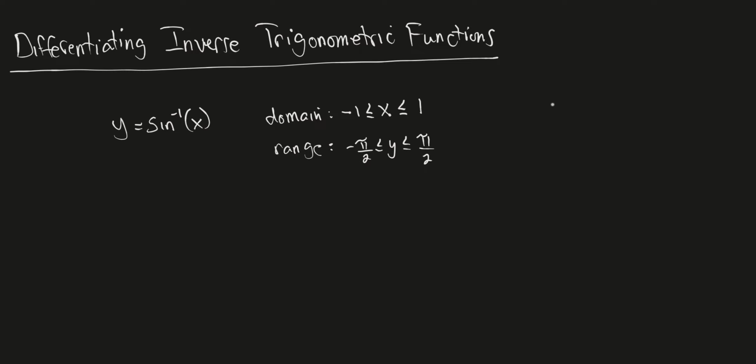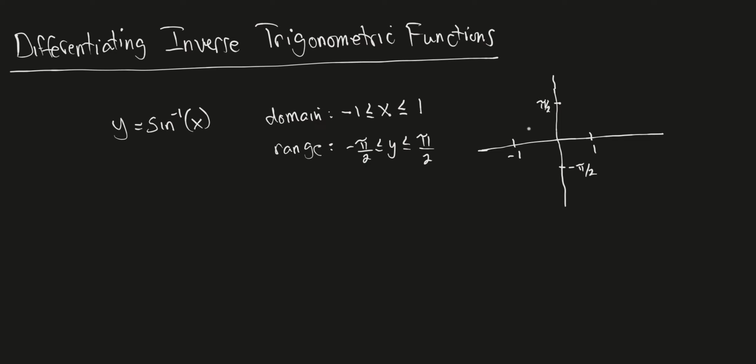What else? Well, what about the graph? The graph of this function is pretty interesting. When we plot it, we're only going to see this function defined for values of x between plus or minus 1. So that's where the domain would be, and then the range basically goes from negative pi over 2 up to pi over 2, right?